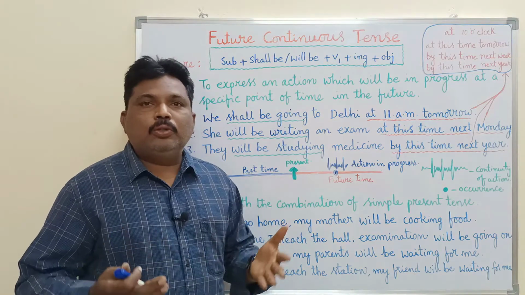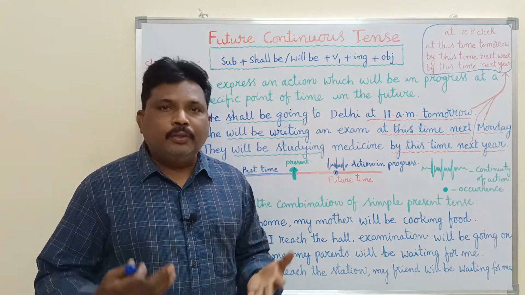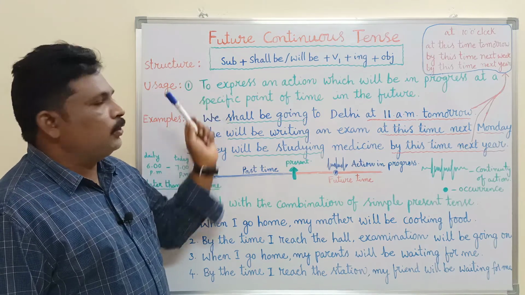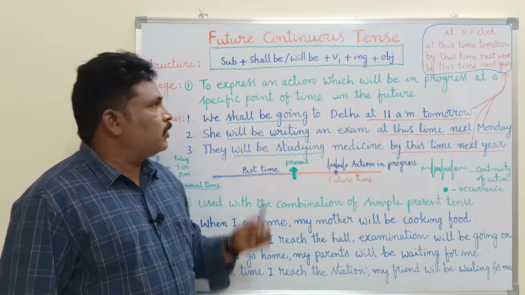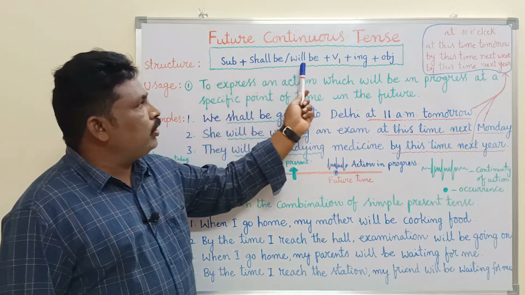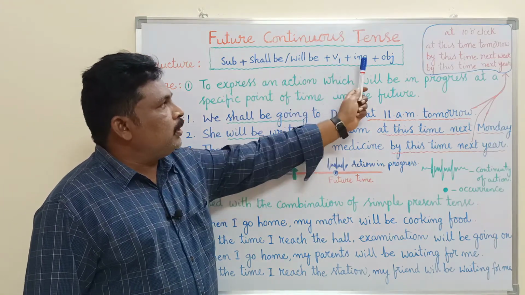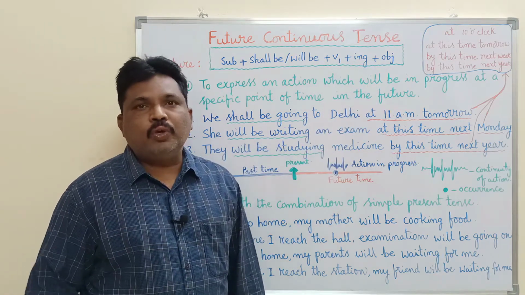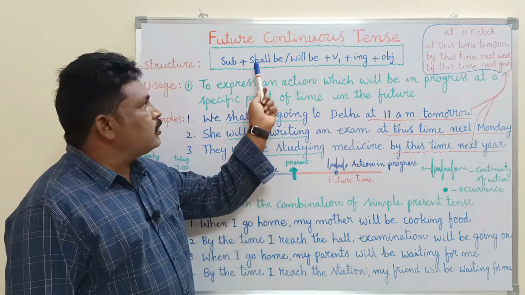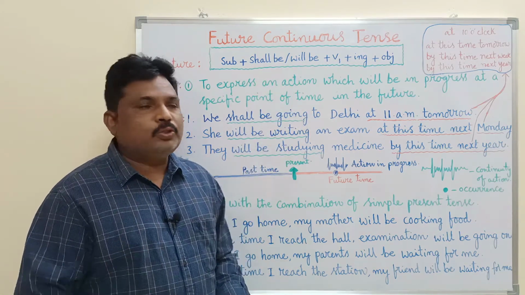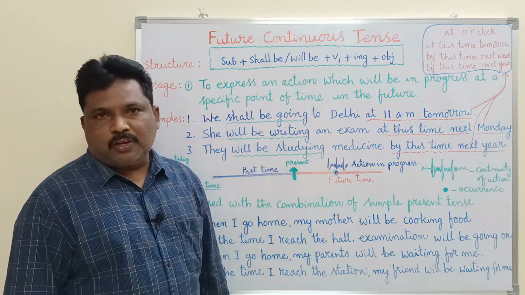Before we move on to the usage of future continuous tense, let us know the structure. What is the structure? The structure is subject plus shall be or will be plus V1 plus ing plus object. In simple future tense, we have learned the usage of shall and will. The same usage can be used in future continuous tense also.